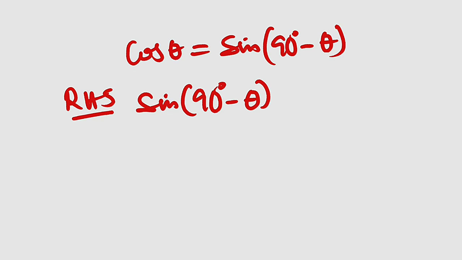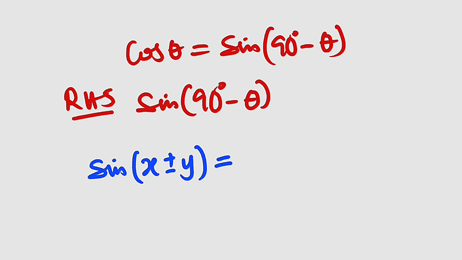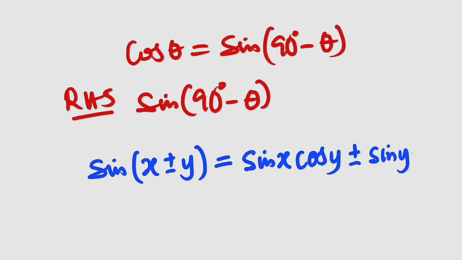What I would like to remind you of is the double angle formula. Sine of x plus or minus y, because it could be plus or minus y, is equal to sine of the first angle multiplied by cosine of the second angle, then plus or minus again, sine of the second angle multiplied by the cosine of the first angle.